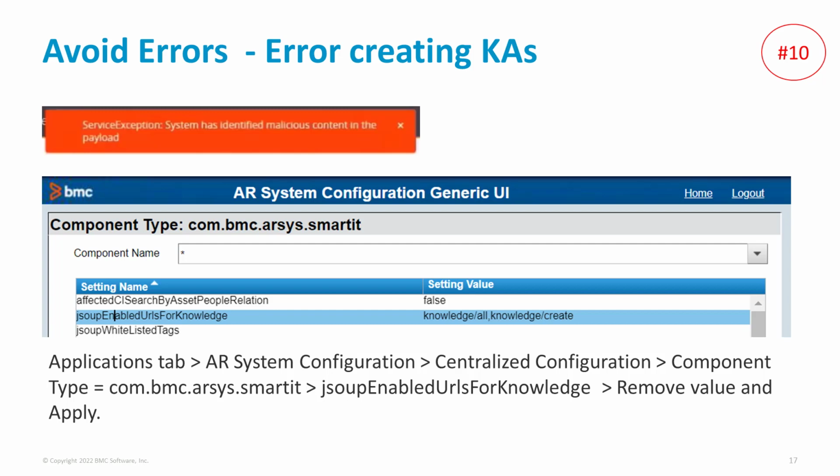This is related to the new functionality introduced in 2008 Smarty Central Configuration parameter called gsub enable URLs for knowledge. This setting is enabled by default. When this is enabled, a clean filter is applied while creating and updating a knowledge article.